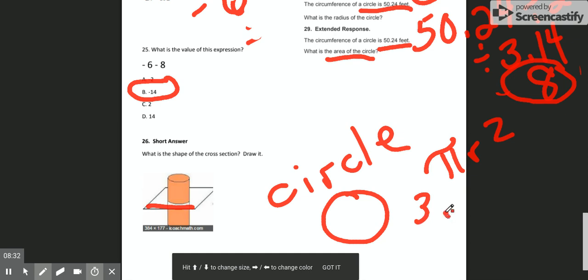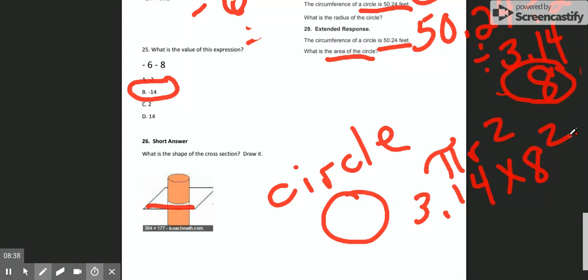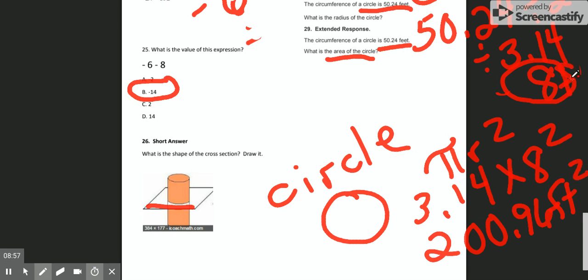So I take 8 squared, which is 64, times 3.14, and I would get 200.96, and it's area, so it's feet squared. And if I go back up here, that one is 8 feet.